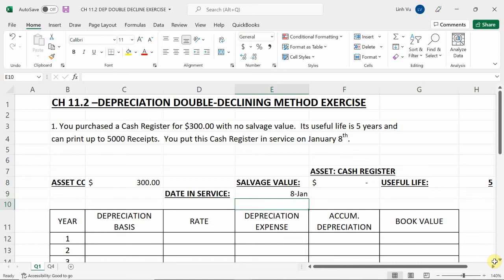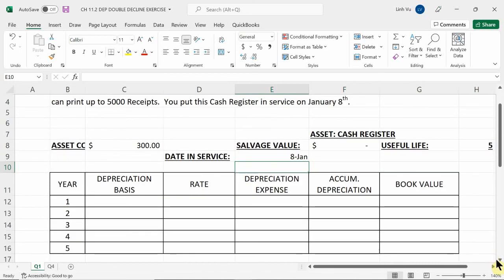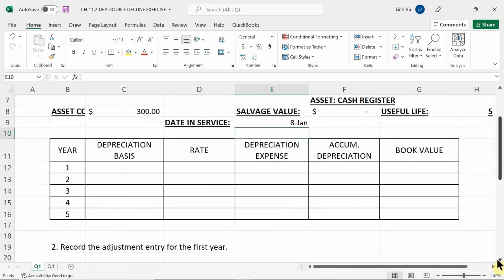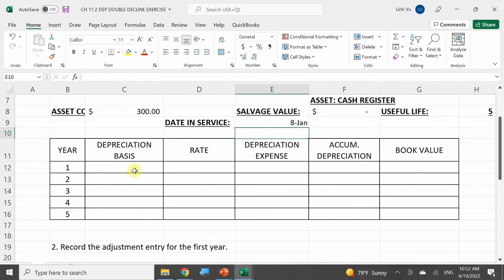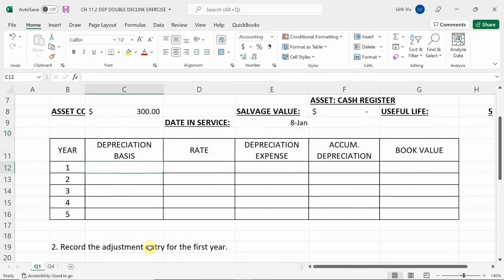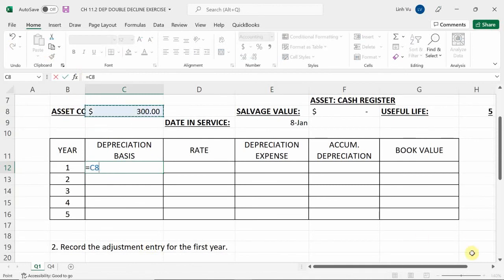So in this case, assuming that we are depreciating at the end of the year, December 31st, that means the first year is going to be for the first year. So depreciation basis. What's my depreciation basis? It's going to be 300, because in this case it's the beginning of the year book value.